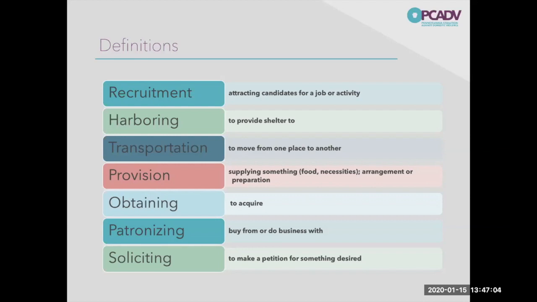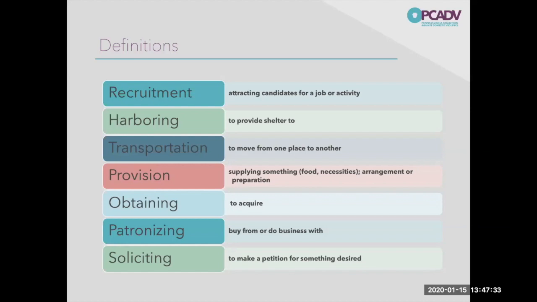And then once they go with that person, it turns out that in order to get that food or to get that place to stay, they're going to need to perform a sex act or some form of labor without compensation. But it can also be arrangements or preparation. So the provision of a space or of a hotel room, something like that, in order to engage in, for example, a commercial sexual activity.